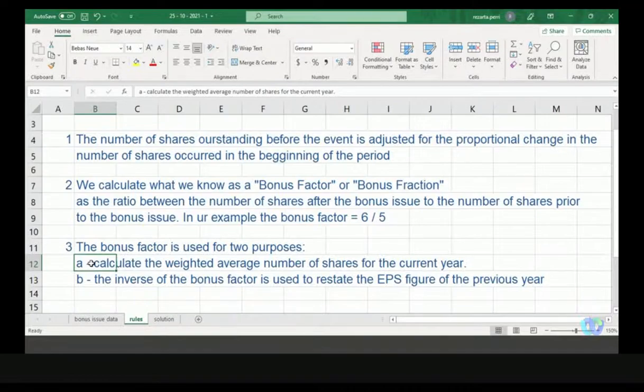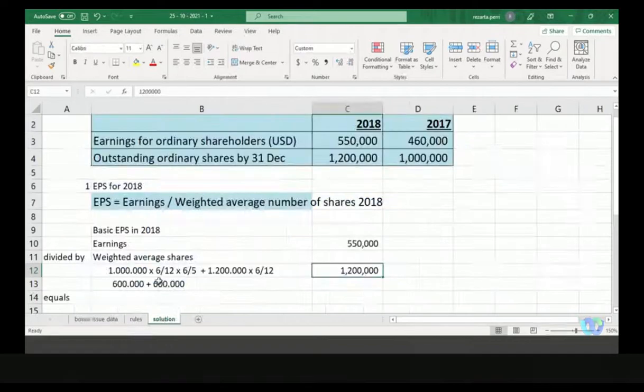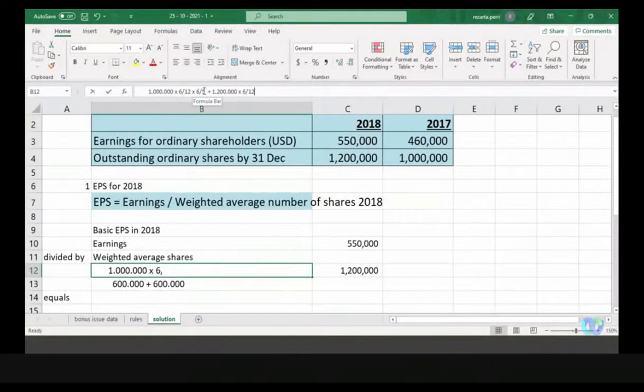It can happen whenever it wants during the year. Whenever it happens, I will take it back to 1st of January. And not only in 2018, but as we'll see later, we have to restate 2017 as well. Okay? So this is why we apply this bonus factor over here.